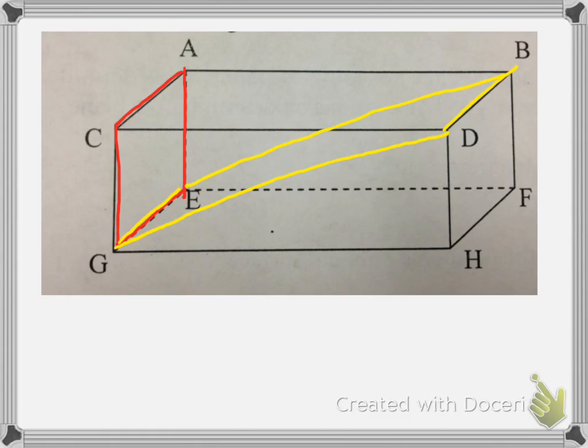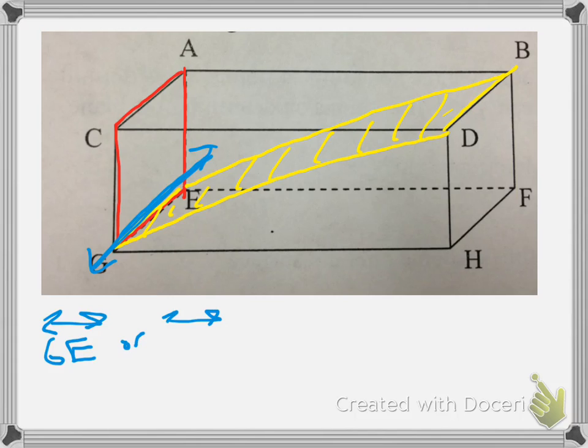Okay, you see that? So here's your plane right here. So it intersects right here in line GE or line EG. And the reason why is because two planes always intersect at a line.